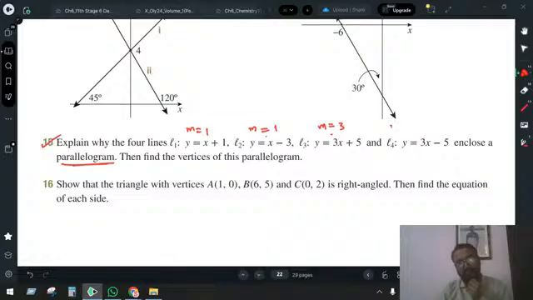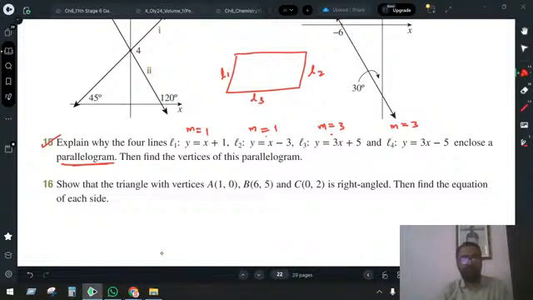And the next? 3. Means they are the opposite lines. L3, L4 are opposite, L1, L2 are opposite. If we draw like this, it is L1, L2, L3, L4. Clear? For example, let this be A, B, C, D.